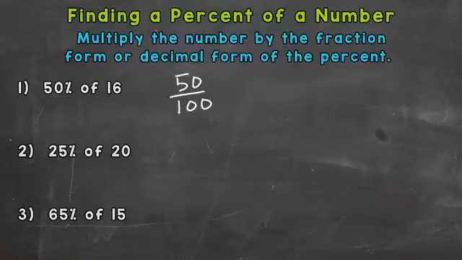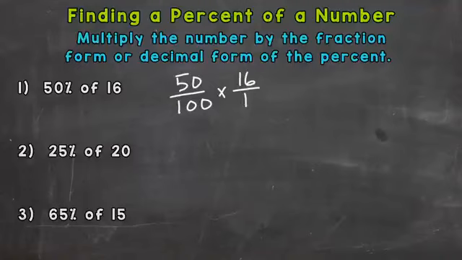Now, whenever we have a percent of a number, a fraction of a number, or decimal of a number, it is a multiplication problem. We can replace the "of" with a multiplication sign. So 50 hundredths times 16, and we'll put it over 1, so that fraction still holds the value of 16.